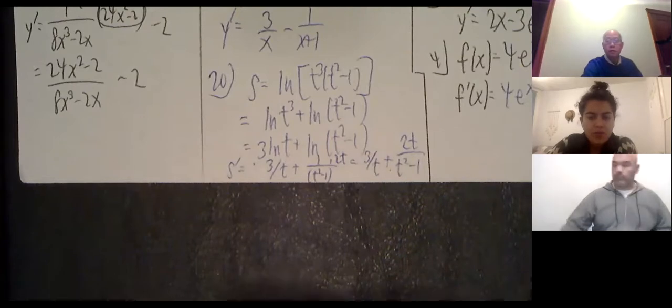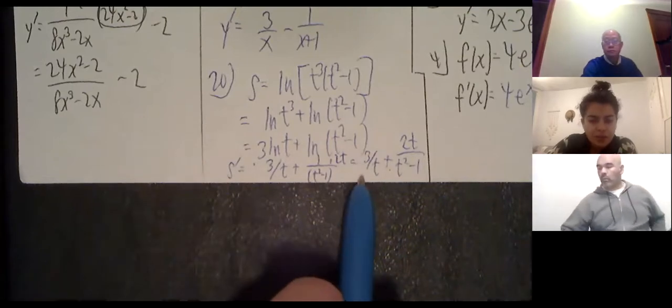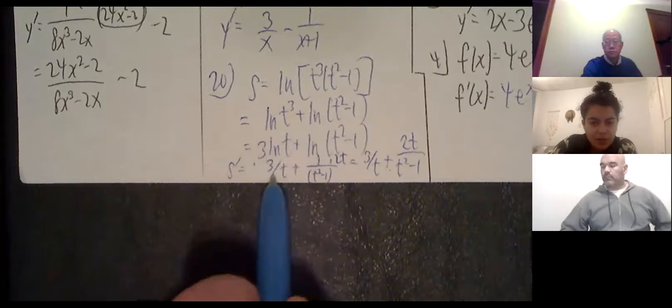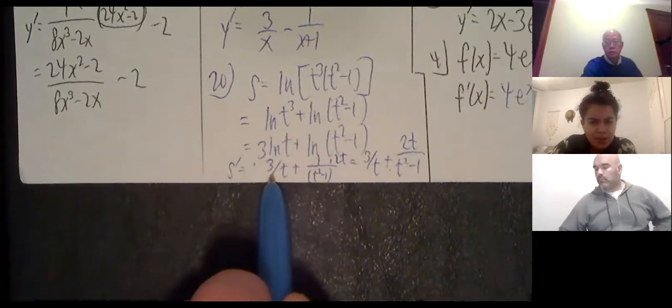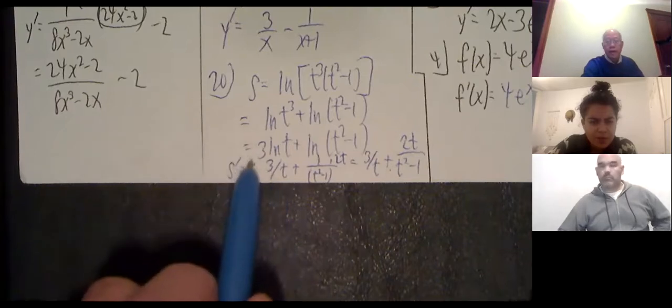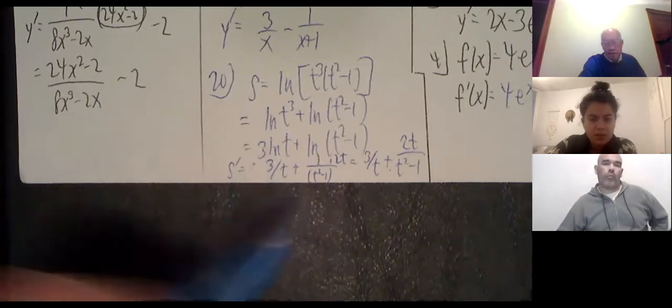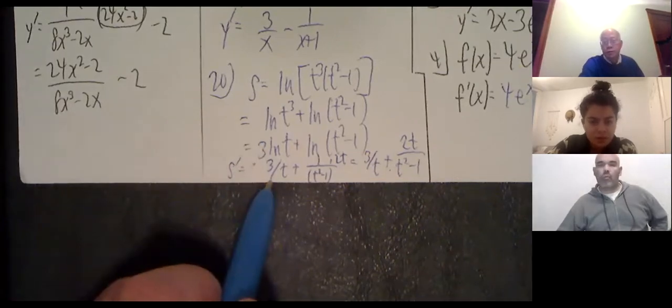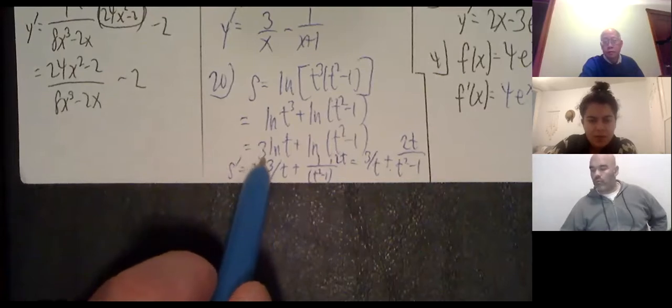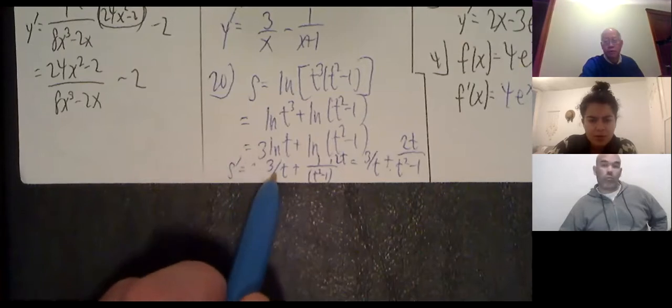Professor, in the beginning of the derivative, there, 3 over t. Are you multiplying it by 3? Is that what you said? Yeah, I already know the derivative of ln t is 1 over t. So it's 1 over t times 3, which is 3 over t. Why times 3 though? Right, it's 1 times 3, which is 3 divided by t.